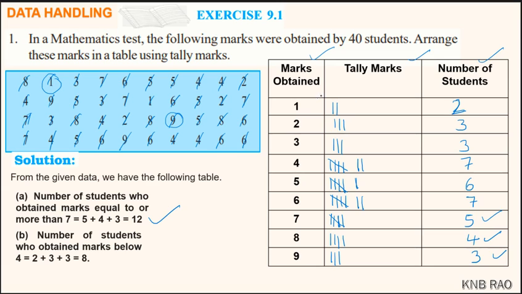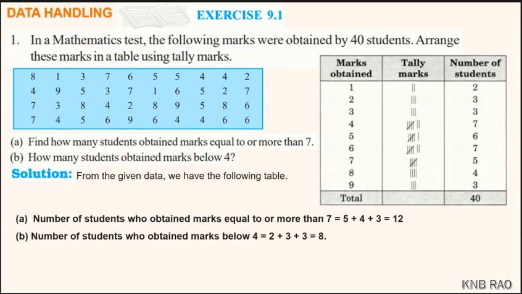Below 4, that is 1, 2, 3 marks. So, 2, 3, 3, total 8 have got marks below 4. These are the questions, and this is how we answer after making a frequency distribution table. Now, this is how this entire solution looks.